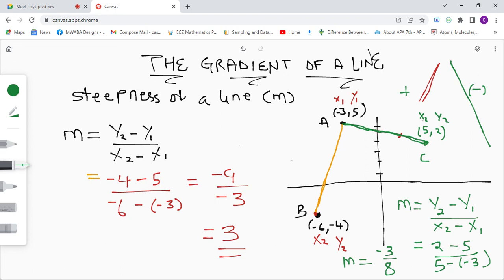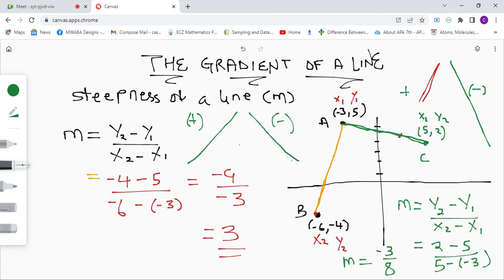So what we must remember from today's lesson: an upward sloping line looks like this. It has a positive gradient. The gradient is just how steep the line is. A downward sloping line like this one, which I've put here, has a negative gradient.